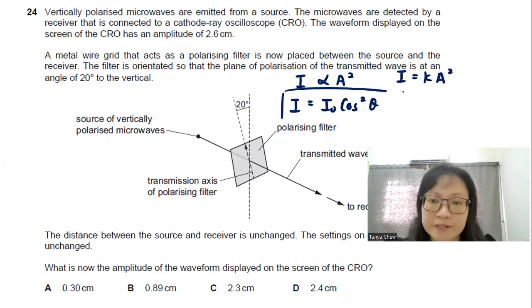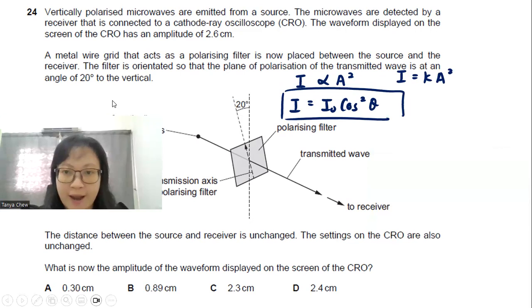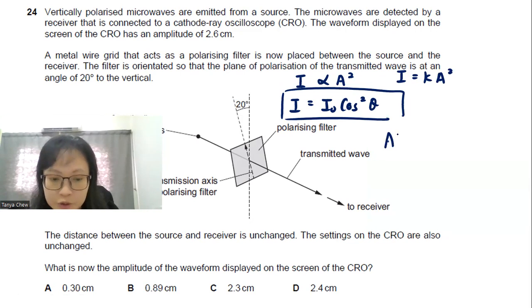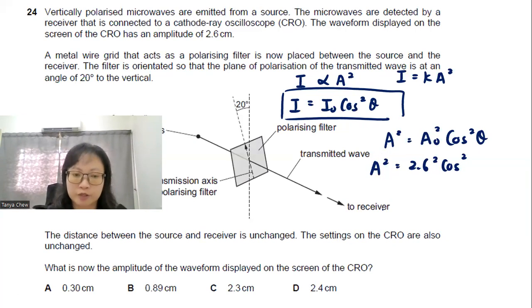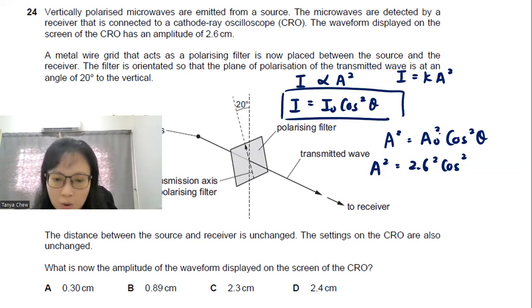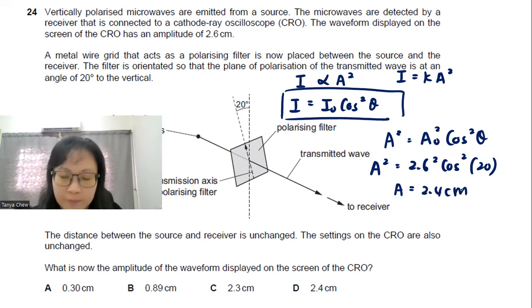I am going to replace the intensity with the amplitude because that's the only information that I have. Amplitude squared is equal to initial amplitude squared, cos squared theta. Amplitude squared is equal to 2.6 squared, cos squared 20. I'm not going to change the cm to meter because all the choices are in cm. When you work it out, make sure that you square root it, you will get A is equal to 2.4 cm, which is D.